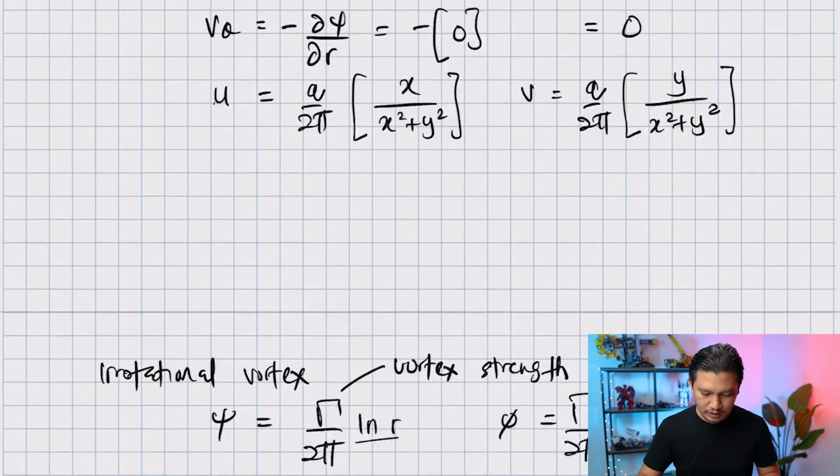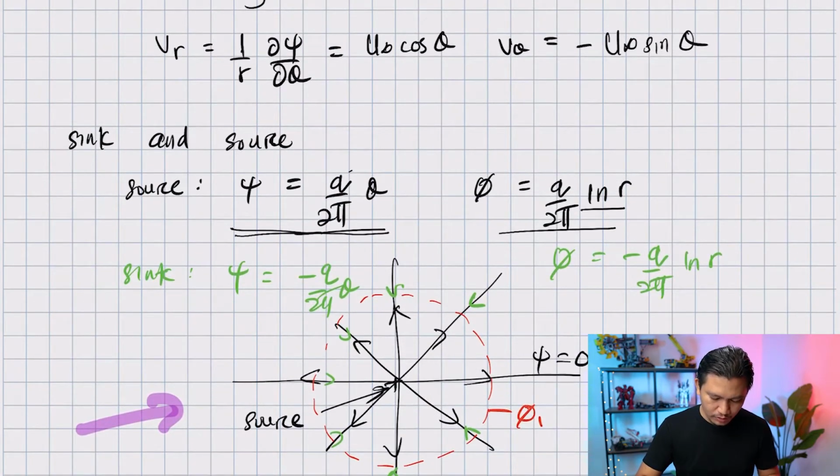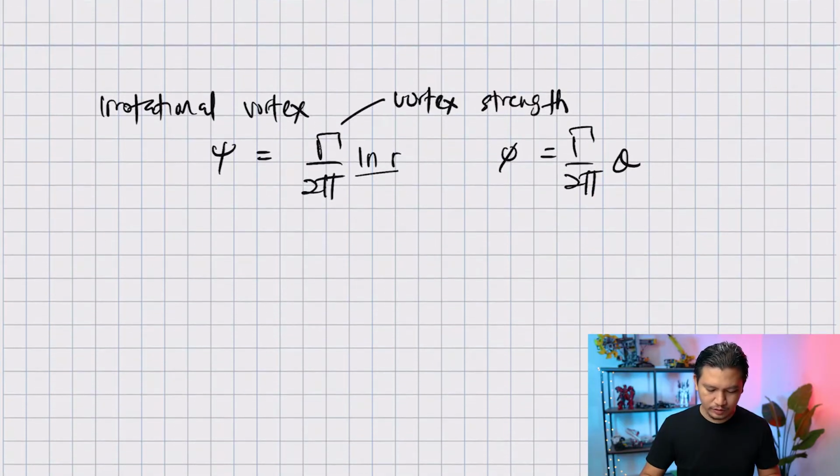And I forgot to mention before, Q is also called the source strength. Okay, let's go back to the irrotational vortex, and gamma is represented as the integration over a closed curve of velocity dot ds.